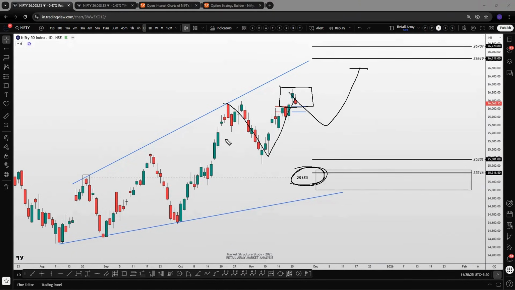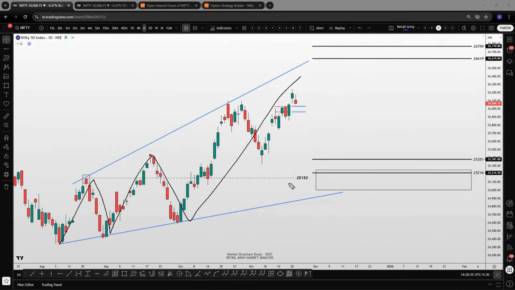So far this has to be clear, because I've repeated this in many videos, the long term video and the weekly analysis video. This pattern tells us that in future 25,153 has to come back and retest. It does not matter if the market goes to 27,000 also. This level will come back to test once.